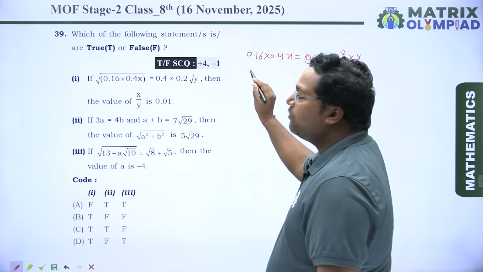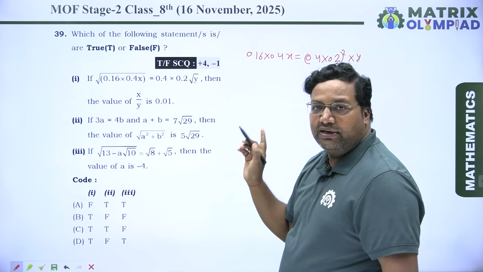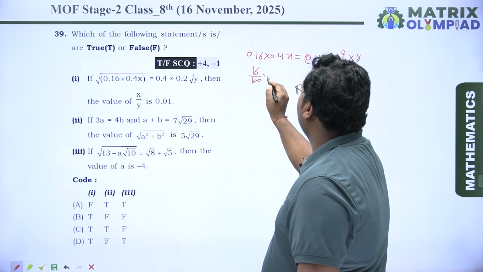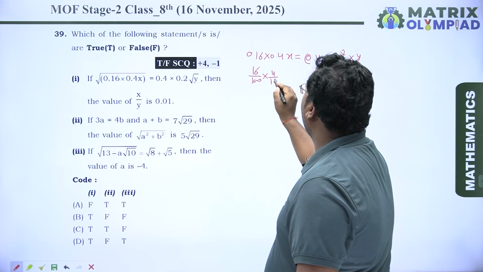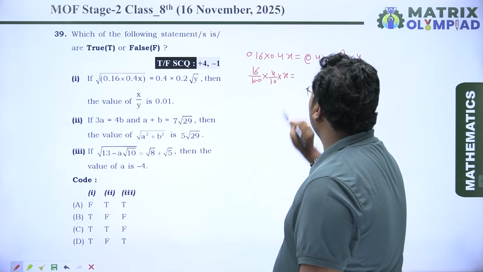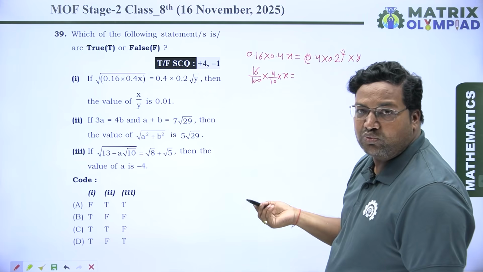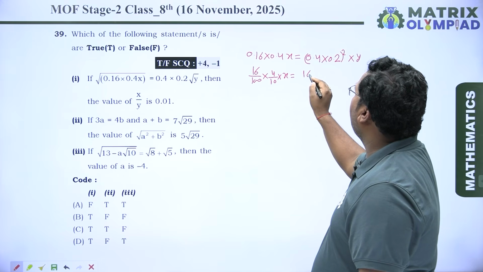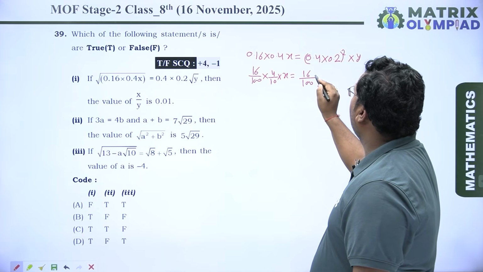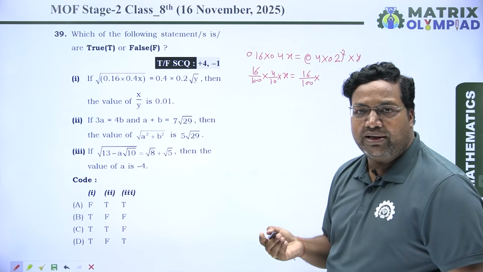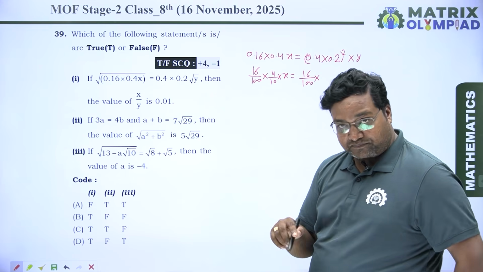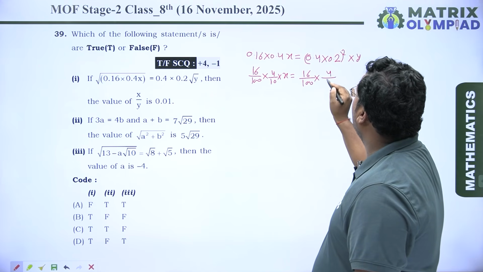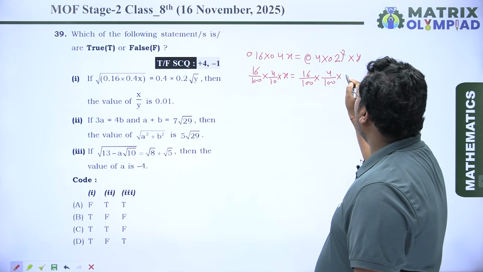Here 0.16, so I have to remove the decimal value, so I write 16 upon 100 into 4 upon 10 into x equal to 0.4 square, which is equal to 0.16, and 0.16 I can write as 16 upon 100 into 0.2 square is 0.04, and 0.04 I write as 4 upon 100 into y.